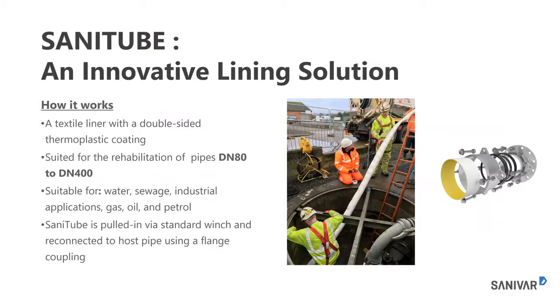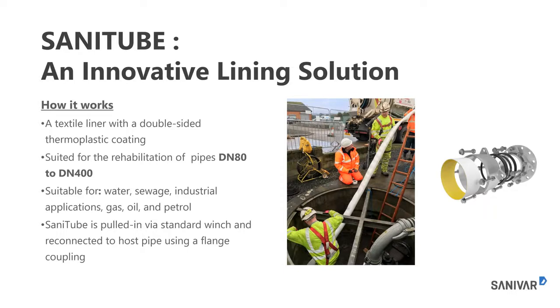Current diameter ranges from DN80 to DN400, although we are looking to extend that to 600 because we're very conscious that within the UK there's quite a lot of 24 and 36-inch trunk mains where it will be ideal for refurbishment beyond the distribution areas. It's suitable for water, sewage and industrial applications, gas, oil and petrol, and has been tested with all those mediums and found to be very successful.